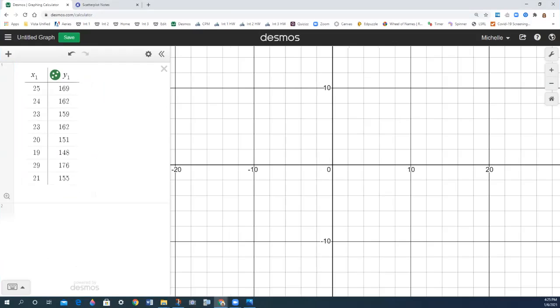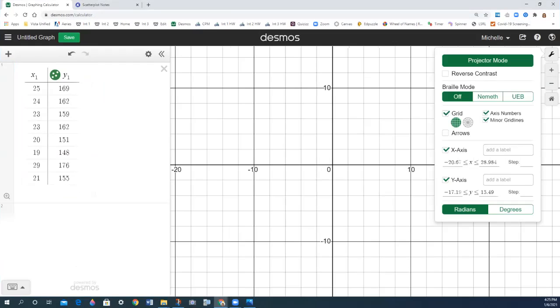So what I'm going to do is I'm going to come to the wrench, and this is where I can adjust my X and Y axis, and I can actually label my X and Y axis. So where it says X axis, I am going to come here to add a label. Okay.